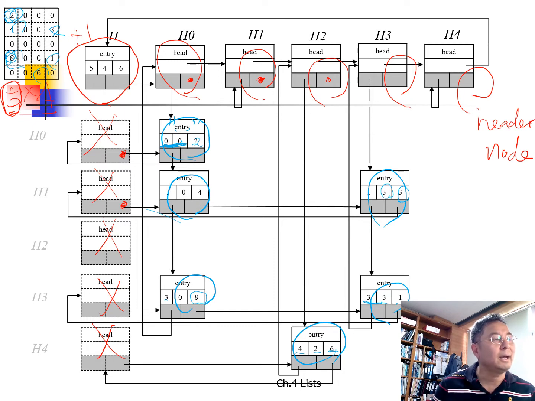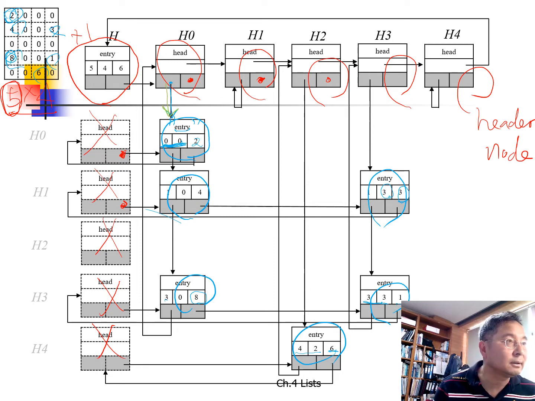Okay, and then this header node's link field. Link field means that, okay, I will change the color of the pen using this one.